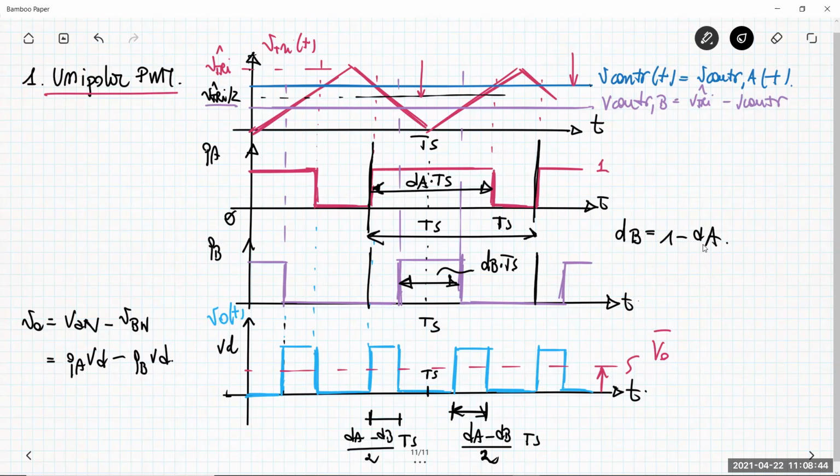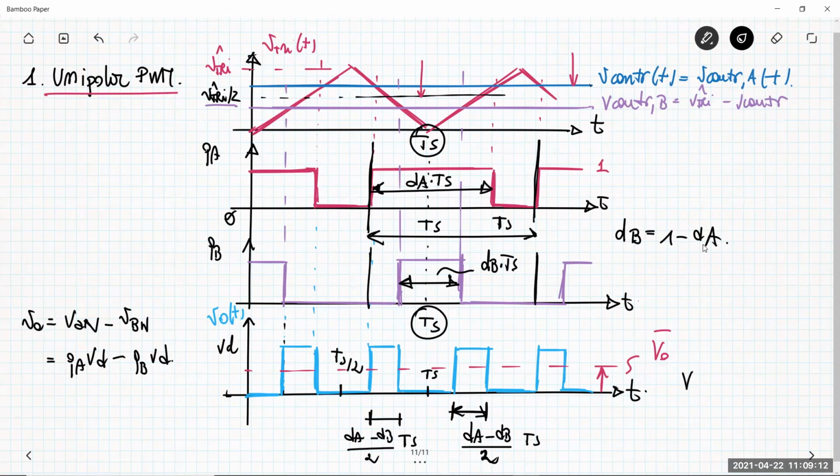Okay, what happens about the output voltage? See what happens. My switching period is Ts. Ts is the period of the triangular waveform and the period of the rectangular waveform for the unitary switching function. But at the output, I see that my repetition frequency is twice the switching frequency.